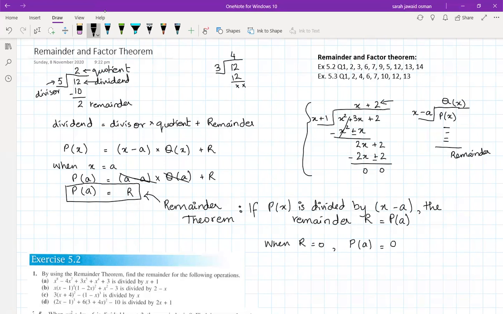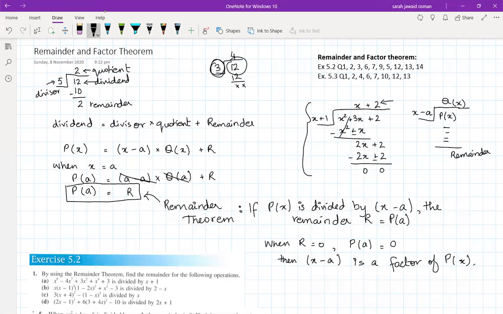So when that happens, that means the divisor x minus a is a factor of the polynomial p of x. Let's understand that one more time. When we say that in a certain situation there is no remainder, then the divisor is said to be a factor of the polynomial or the dividend.